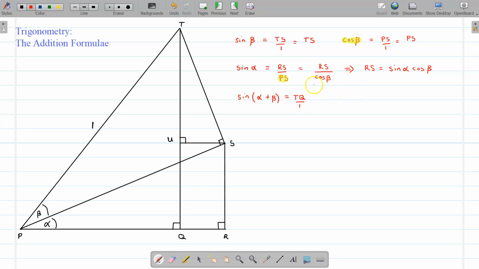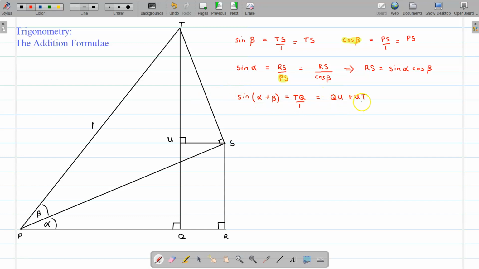But I also note that TQ can be split up into QU plus UT, and that's all over 1, so I don't need to worry about that.